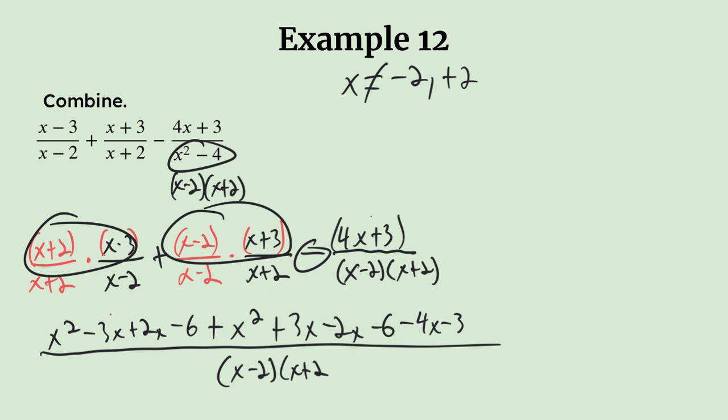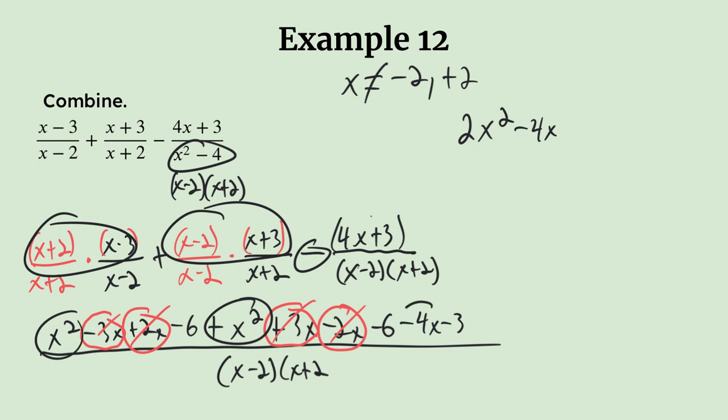Combine like terms. I see we got a minus 3x and a plus 3x, those cancel each other out. A minus 2x and a plus 2x, those cancel each other out. And so then we are left with x squared, and then 2x squared actually. So we've got 1 here, 2 here. We've got 1 negative 4x, and then minus 15, all over x minus 2, x plus 2.